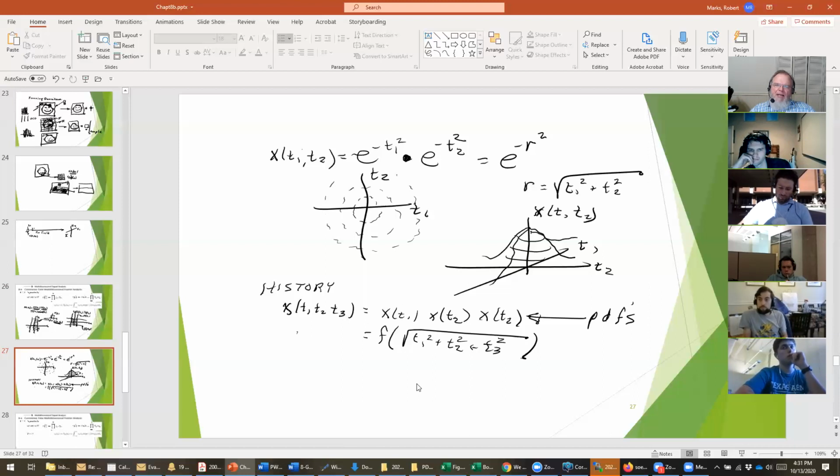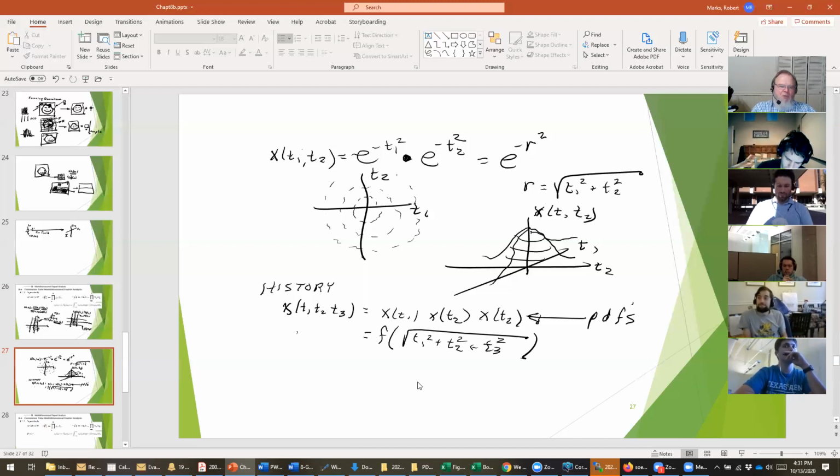And then he went about and proved that there was only one function that could be expressed as a product that was also spherically symmetric. Does anybody know who that person was? You've heard his name before in relation to something else. The person that did that, who was just a genius, was James Clerk Maxwell of Maxwell's equations fame.